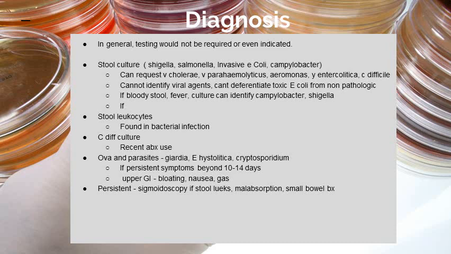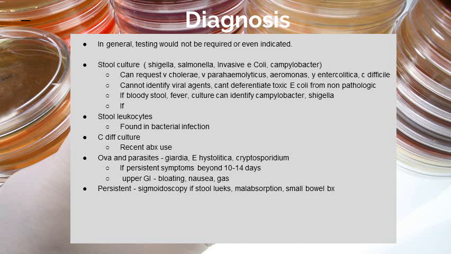Finally, there's an ova and parasites stool study that will identify Giardia, Entamoeba histolytica, and Cryptosporidium. Typically, these are only ordered on patients who have persistent symptoms beyond 10 to 14 days. That could signify that maybe it's not a typical bacterial or viral infection, that they might need further treatment for a parasite.